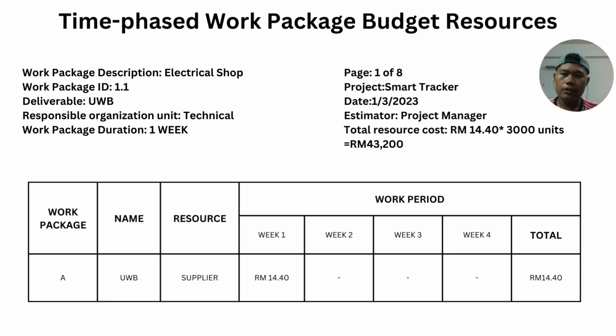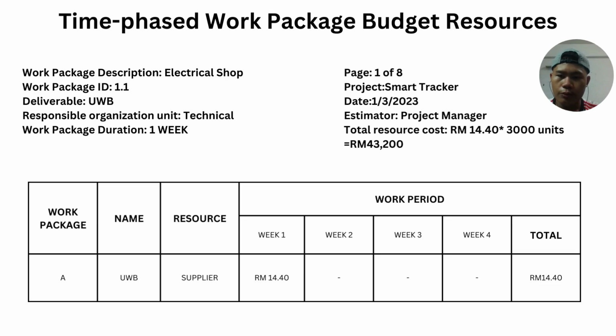Alright, this is the time phase work package budget resources for material costs. The work package description is electrical shop. Work package ID is 1.1 and deliverable is DWB. Responsible organization unit is technical. Work package duration is 1 week.